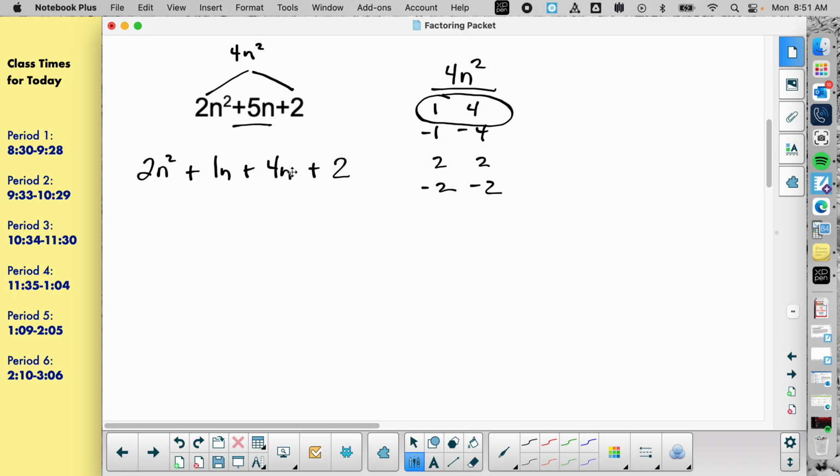So, factor by grouping, the part that you missed, you're going to kind of imaginary divide this into half. And then on the left half, you're going to take out the greatest common factor. On the right half, you take out the greatest common factor. So on the left half, they have no numbers in common. They just have an n.